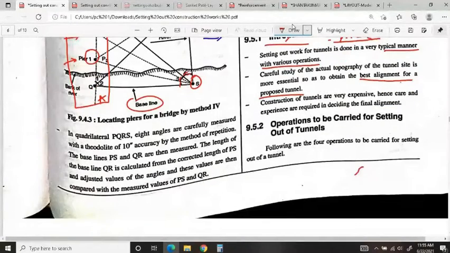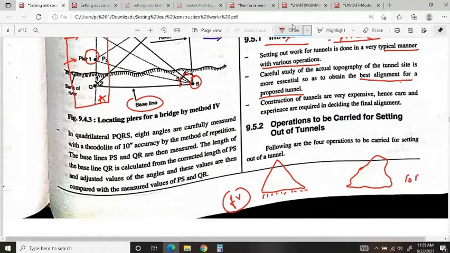If I draw the top view, say this is your hill, this is front view, and this is top view. Whether you want to construct the tunnel here or here, we have to see all the possibilities and choose the best line.